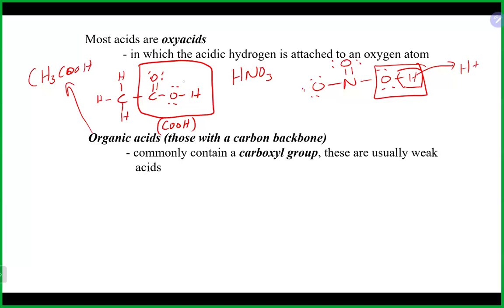And once again, it is actually this hydrogen right here that's going to be the one that gets removed in this particular case. So a lot of organic acids contain that group. And if it's an oxyacid, it has some type of oxygen-hydrogen connection, which is where that hydrogen is removed from.